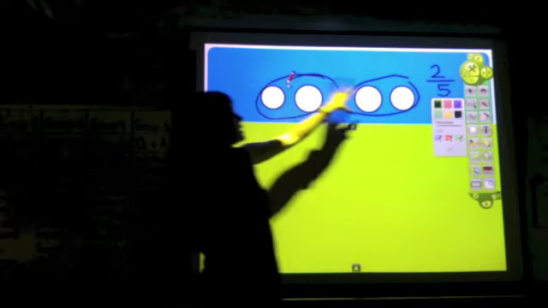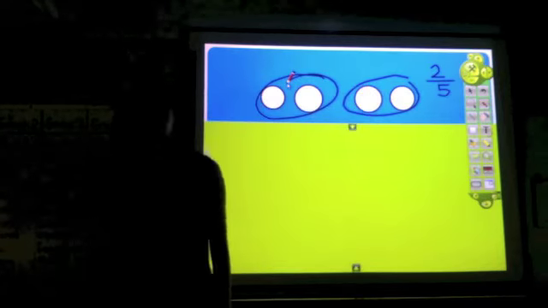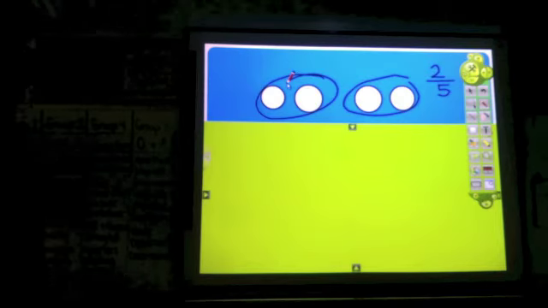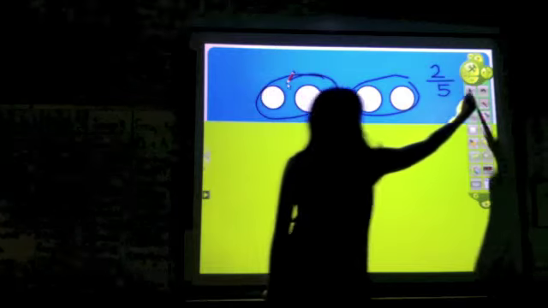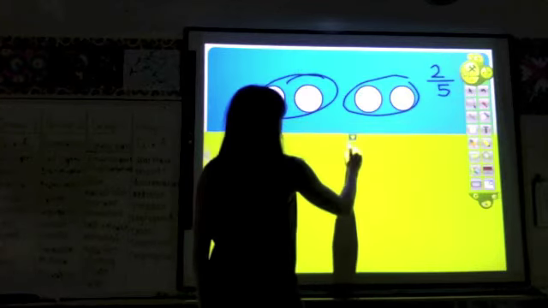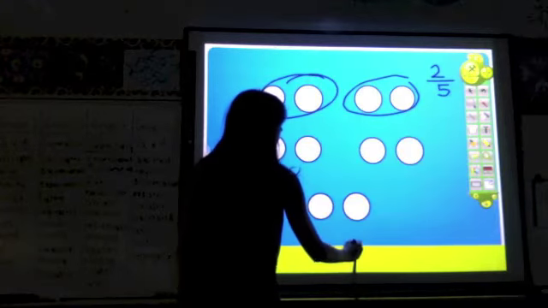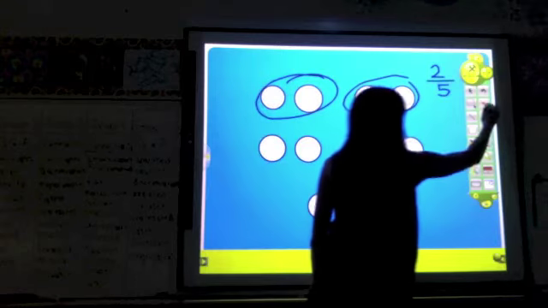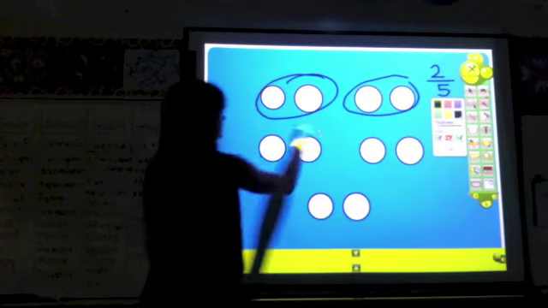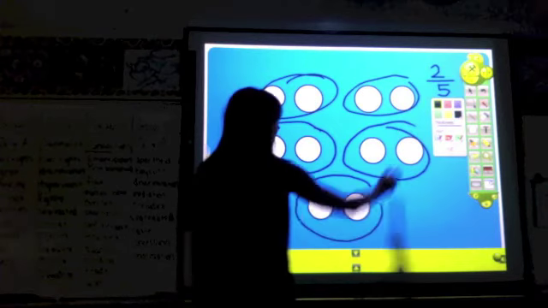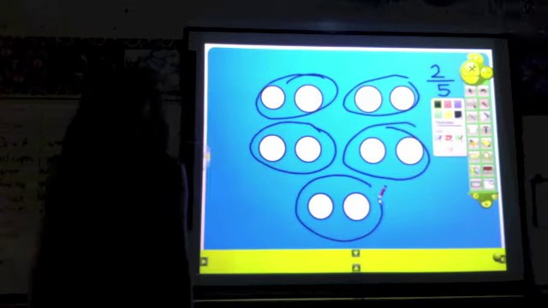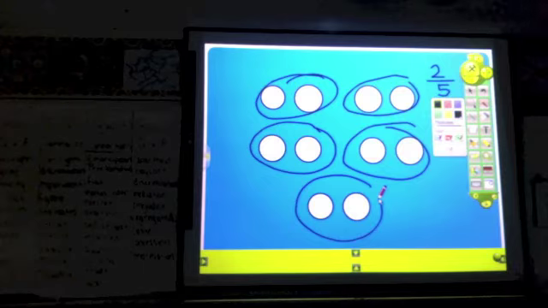So if these counters right here represent 2/5, 2 out of 5 groups, what would our whole be? Let's go ahead and reveal. Our whole would be 10 counters. Here are my 5 groups of 2, and if I add up all my counters, I have 10 counters.